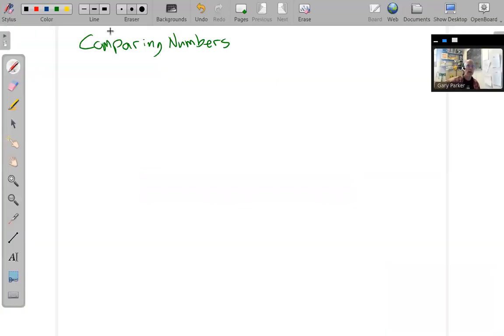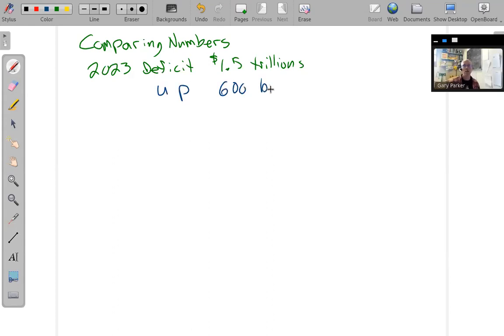So let's just call it the 2023 deficit. It is currently $1.5 trillion. And we're also told that that is up 600 billion from last year.